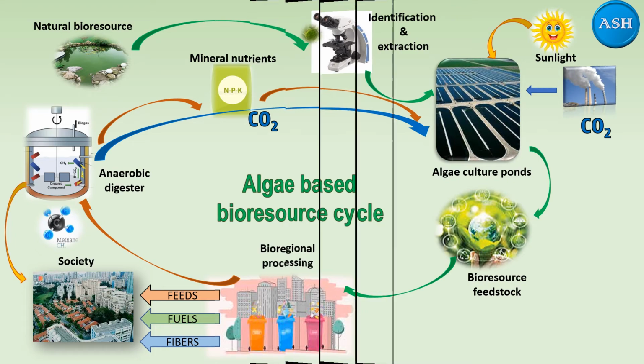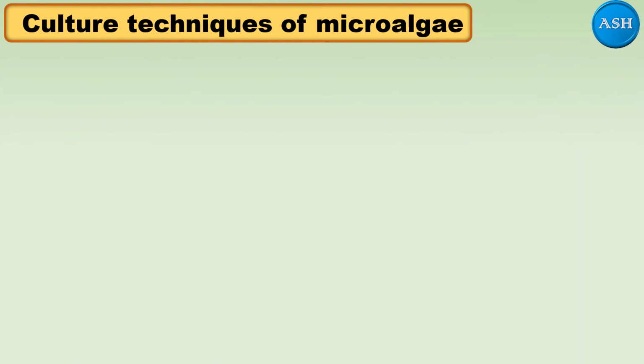So, in this, we could use algae for nature, for the environment, and for society. Now, we will see the culture techniques of microalgae, how the algae could be cultured.